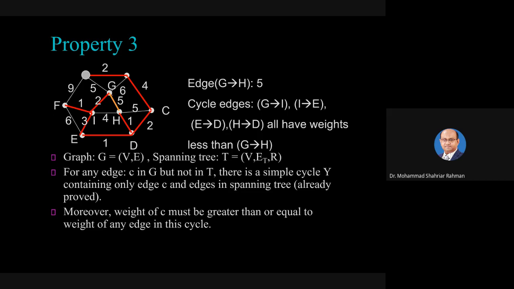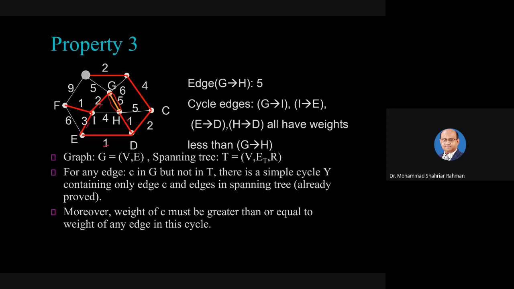So আমাদের এক্সাম্পলটাতে এই যে এখানে যে অরেঞ্জ এজটা দেখতে পাচ্ছি GH, এই GH এজটার জন্য we can get a cycle, and the weight of this edge is 5, and এই cycle rest of the edges with weight 2, 3, 1, 1.